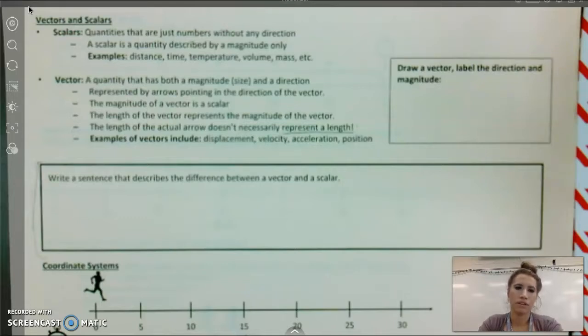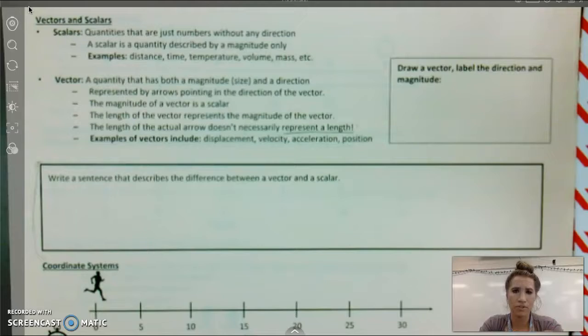Now, a vector contains a magnitude, like a scalar, but it also gives us the direction of that magnitude. So instead of just 5 miles, it's 5 miles north. Or instead of a velocity of 5 meters per second, it's 5 meters per second in the x direction, or 5 meters per second west.